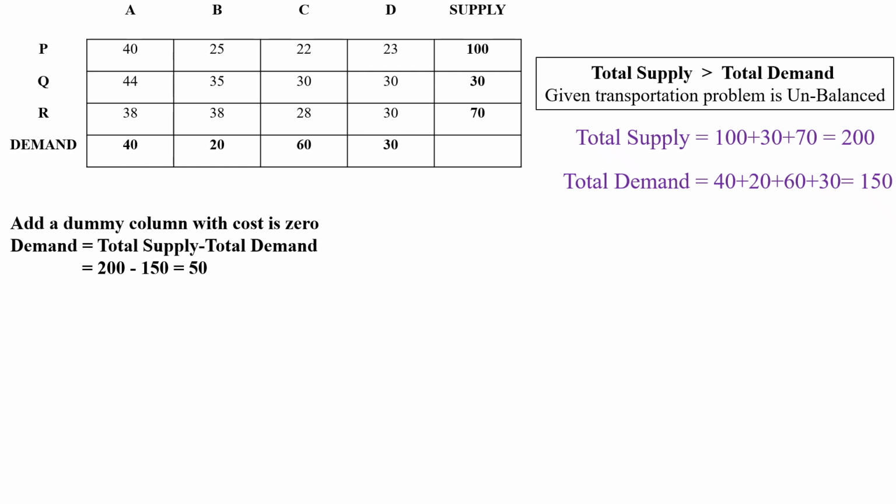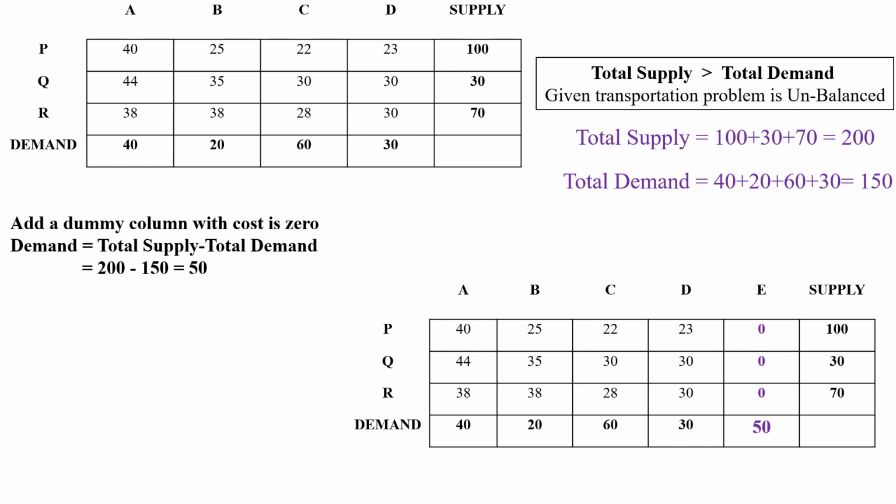Here total supply is 200, total demand is 150. So dummy column demand is 50. So now we have to modify the given transportation problem by adding a dummy column E with cost 0 and its demand 50.